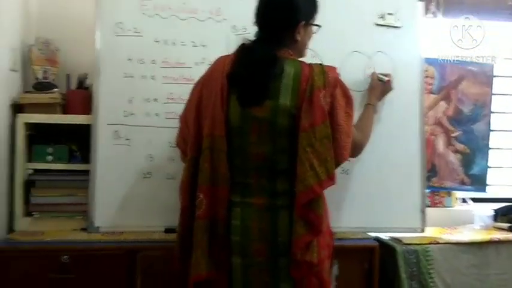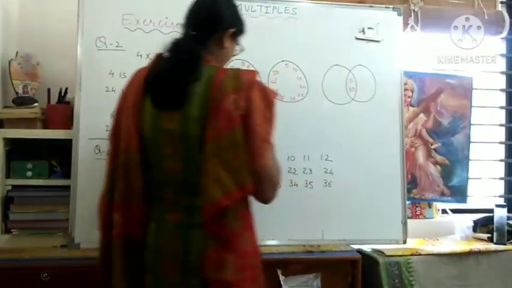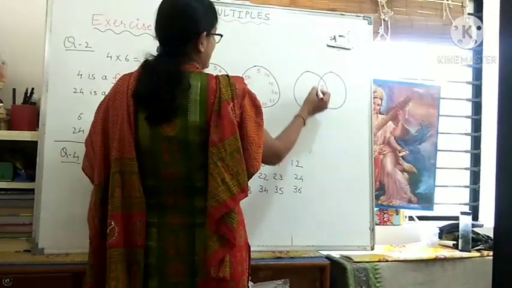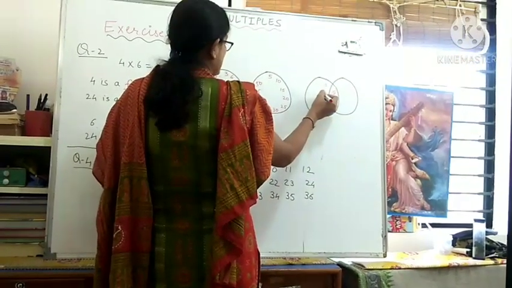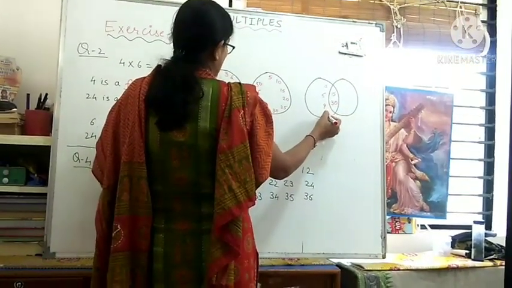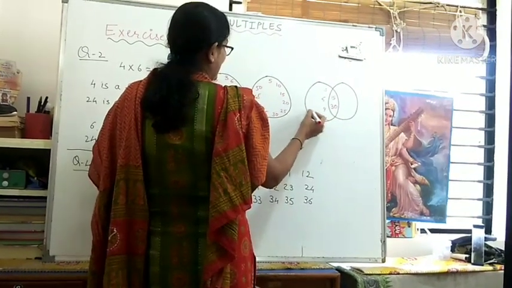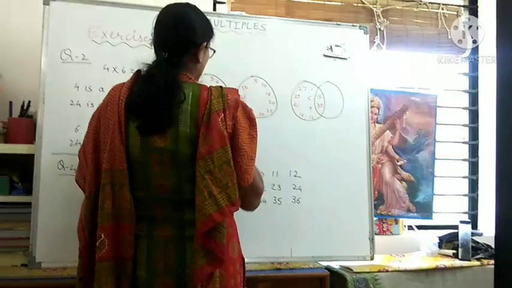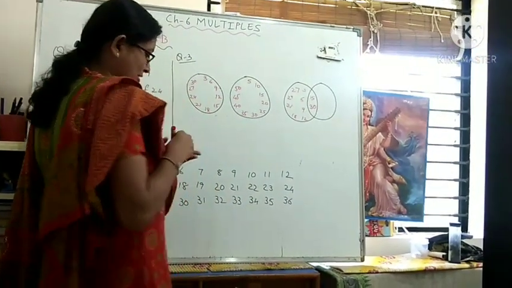And the remaining numbers we will write in the other part, okay? For the remaining from here, it will be 3, 6, 9, 12, we don't have to write 15, 18, 21, 24 and 27. 30 we don't have to write, right? Because it is already written in the middle.